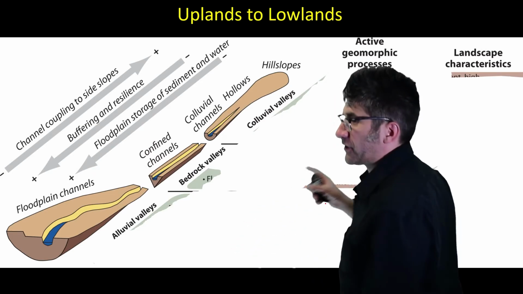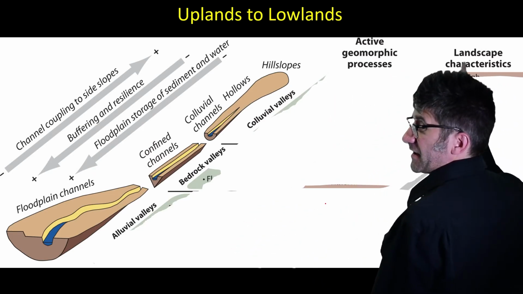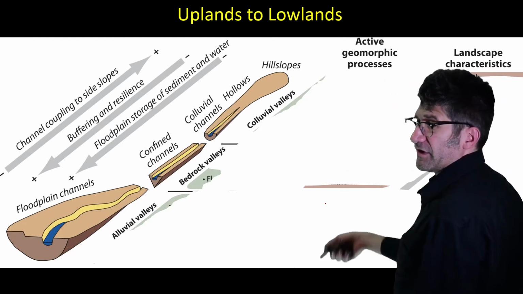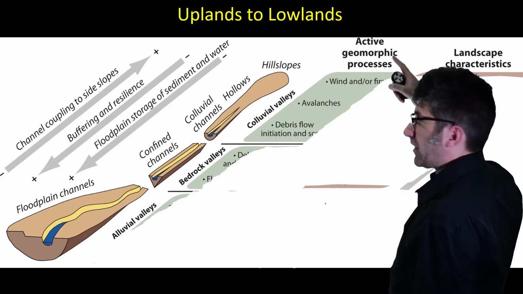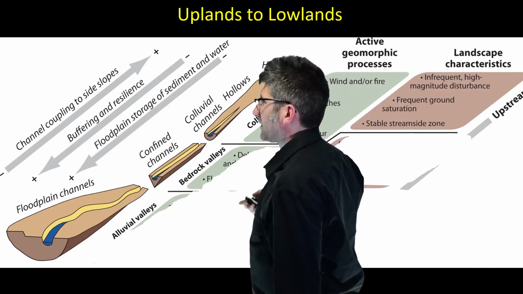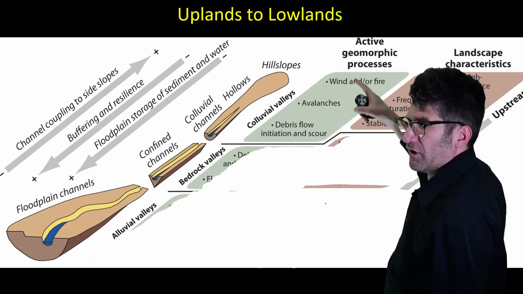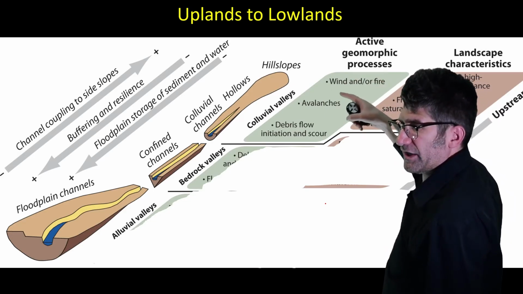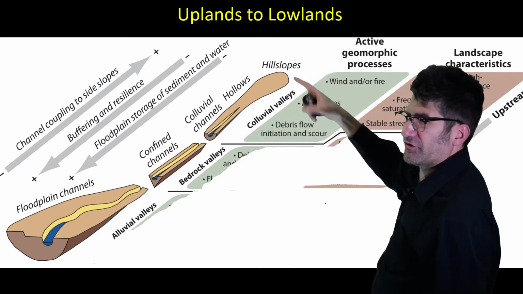So if we look going down here, we're going to look at active geomorphic processes and landscape characteristics going from the uplands to the lowlands. First, in terms of our active geomorphic processes, we'll have lots of erosion at the top, debris flows and avalanches up in those hill slope sections.